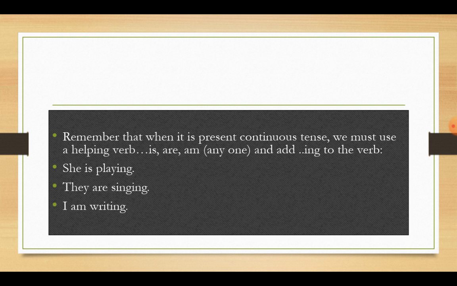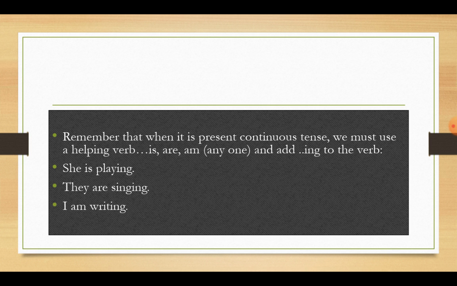Now remember, what we have to remember while using present continuous tense is we should always use it with the helping verb is, are, am. Only three words we need to remember: is, are, am. And we use any one of it in one sentence. And we have to add ing to the verb. This is how we make simple present into present continuous.